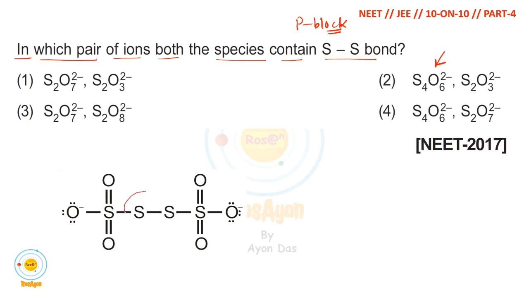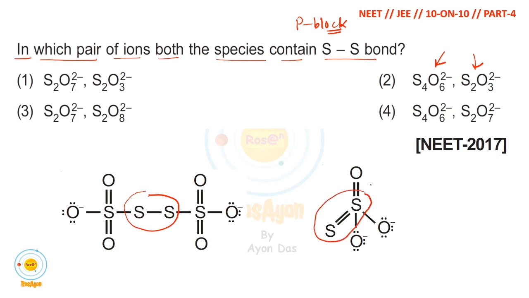Here the S-S bond is present, and if you see the structure of S2O3 minus 2, this is the structure of S2O3 minus 2. Here also the S-S bond is present. So the right answer is option 2, S4O6 minus 2 and S2O3 minus 2.